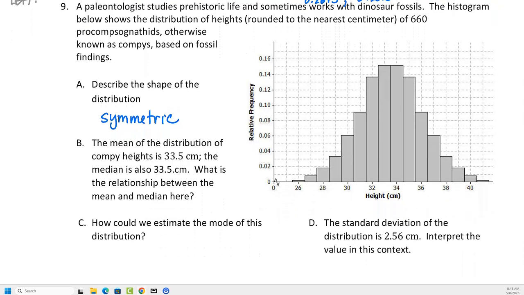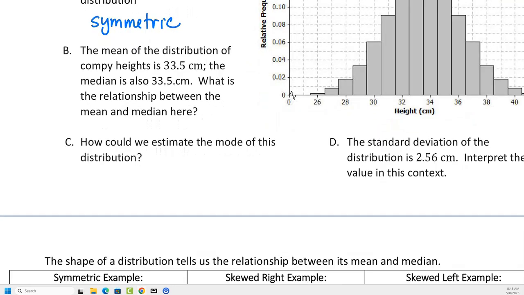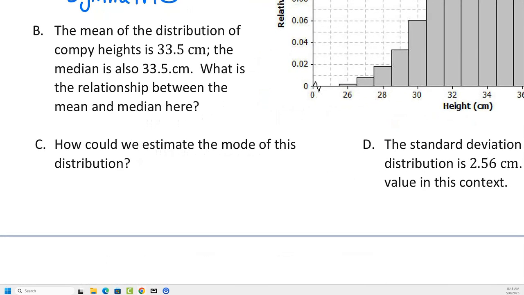It says here the mean of the distribution of compies' heights is 33.5. The median is also 33.5. What's the relationship between the mean and the median here? And what we have is that the mean is equal to the median.